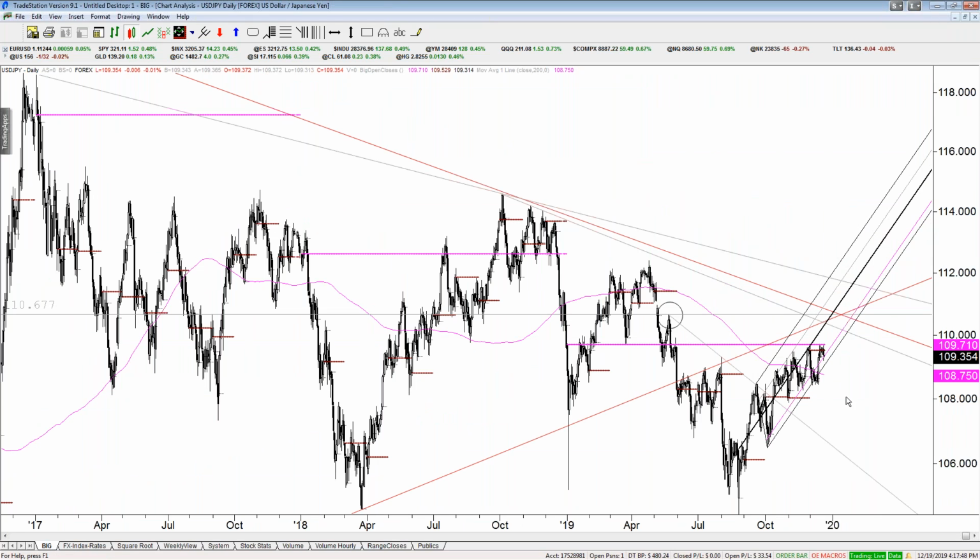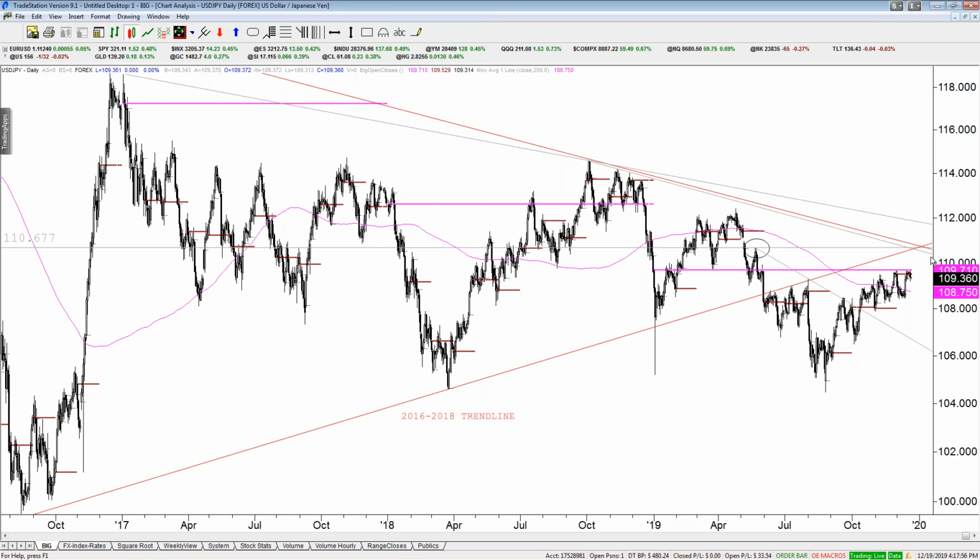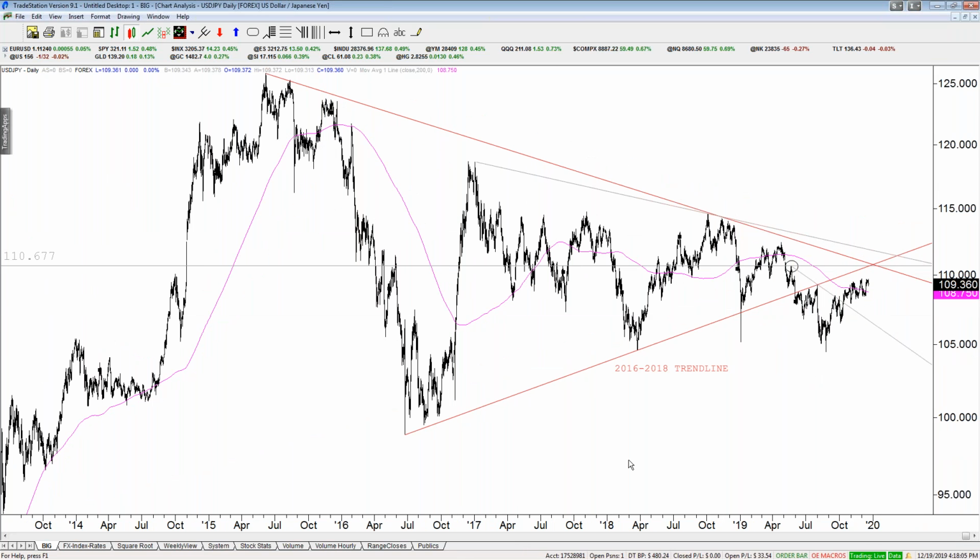Dollar yen hasn't done anything since then, but you're still on the year open, whatever. But if we melt up a bit, it's pretty clear where the huge confluence is.